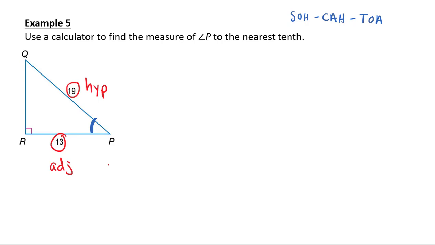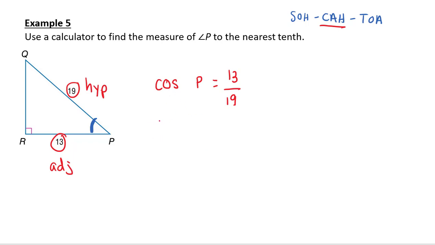So I have the adjacent, I have the hypotenuse, I need to use cosine. The cosine of angle P is equal to the adjacent over the hypotenuse.